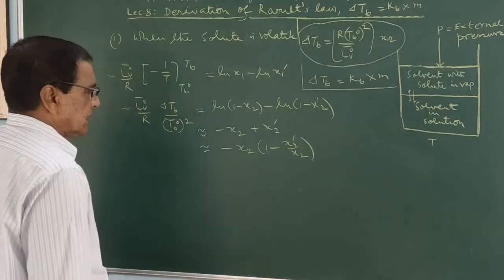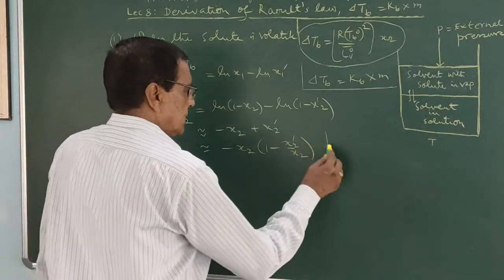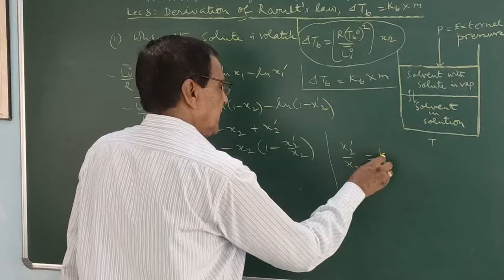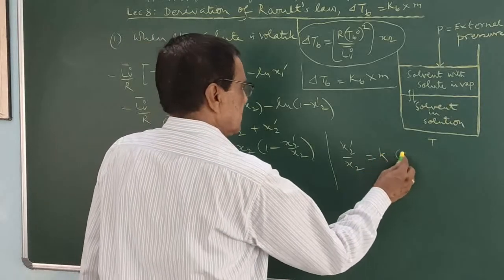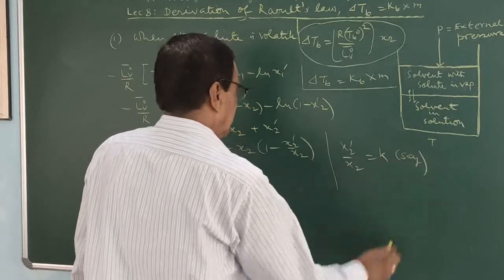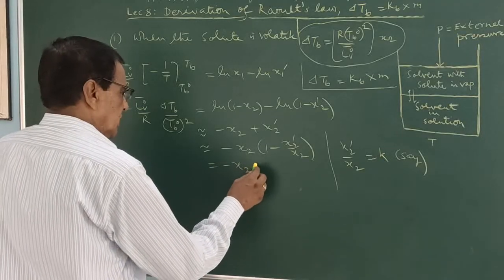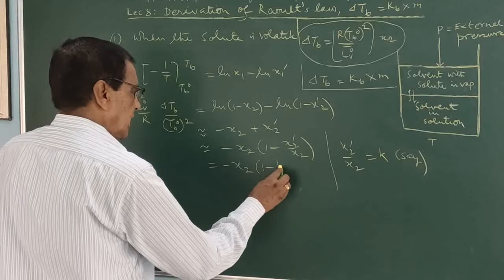And this ratio, x2 dash divided by x2, let it be represented by k. So this one will be equal to x2 into (1 minus k).